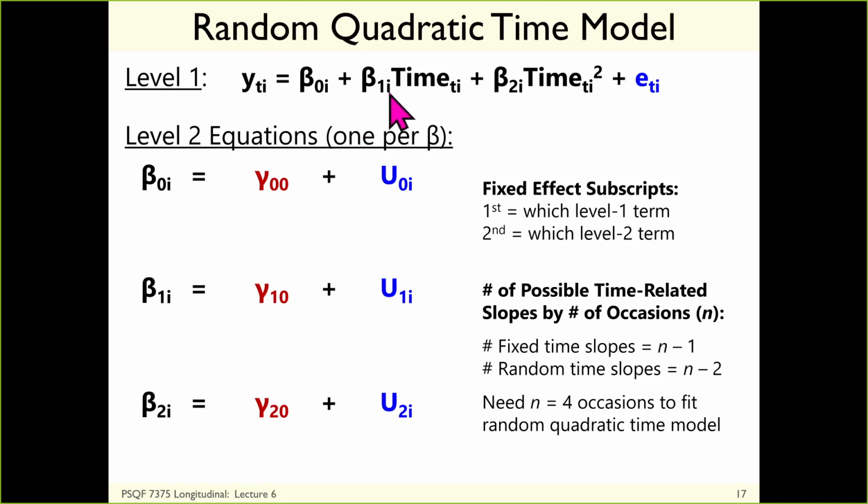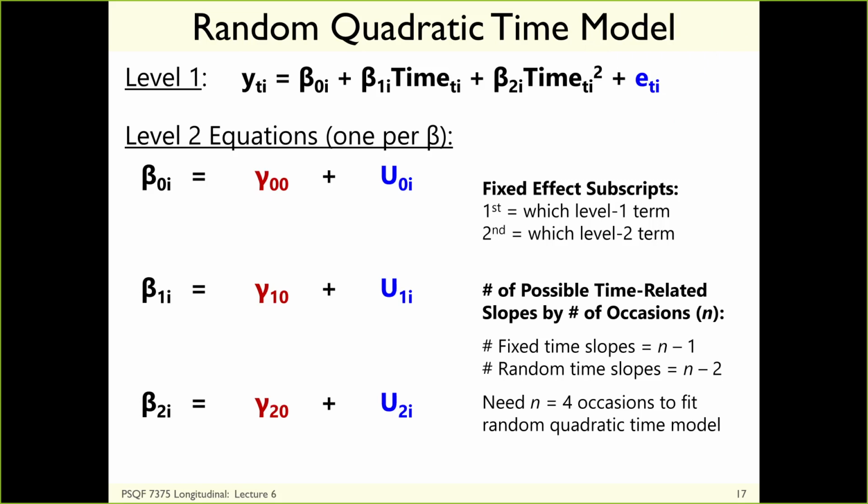Likewise, beta 1i is a variable that holds how each person is going to get their own linear time slope at time 0. And we're introducing beta 2i, another variable that holds how each person is going to get their own quadratic time slope, their own effect of time squared at level 2. And e is still level 1 residual variance.